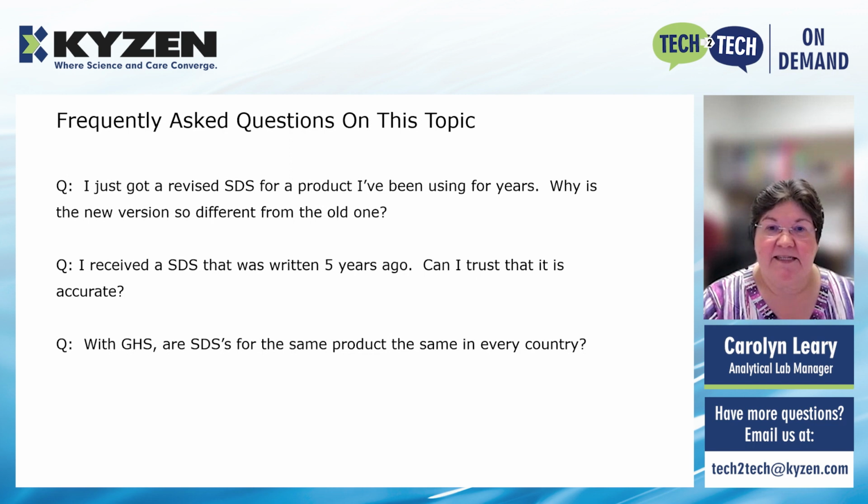Also, as the GHS guidelines are updated and a country may adopt the newer regulations, that will cause different information to be displayed, and that's the difference you're seeing from an old version to the new revised version.